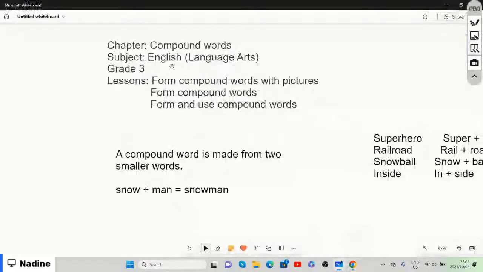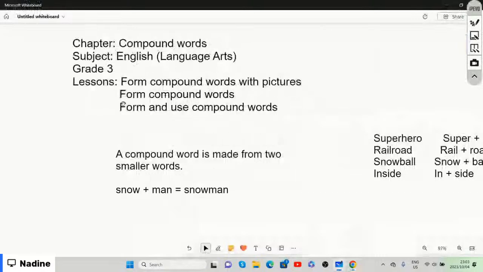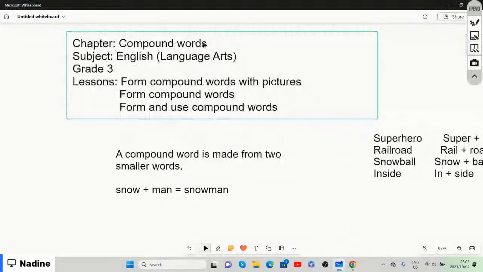So we said the chapter is compound words. Our subject is English, also language arts.